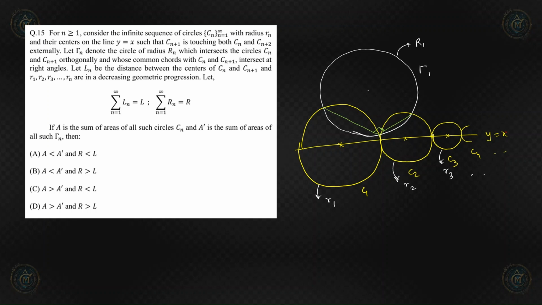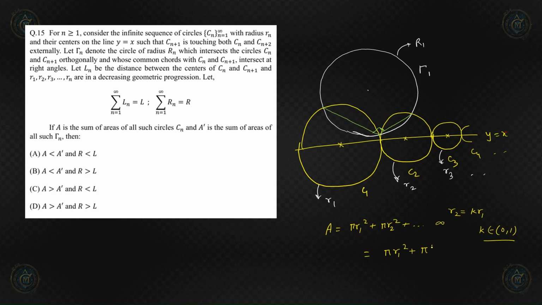What will A be? A is the sum of areas of all such circles Cn. So A is simply, we can say, pi r1 square plus pi small r2 square plus so on up to infinity. That means pi r1 square plus pi times, this r2 will be some k times r1, because r1, r2, so on up to rn are in a decreasing GP, where k is lying in the open interval 0 to 1.